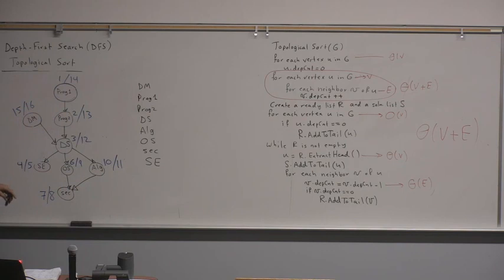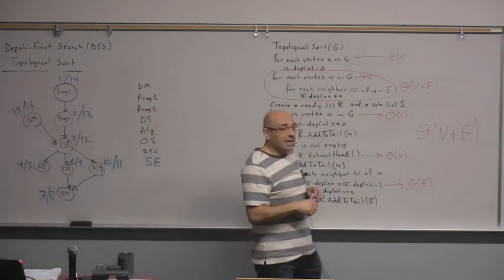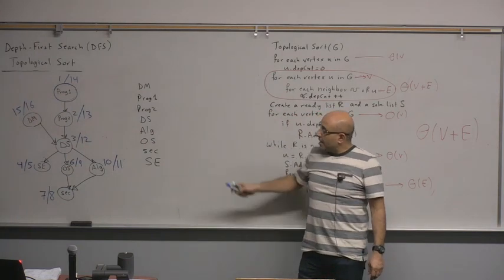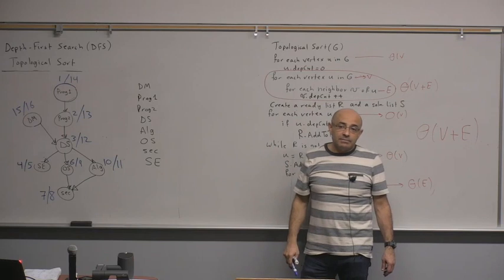So we can find the topological sort by doing DFS and placing the vertices at the bottom of the list as we finish them.